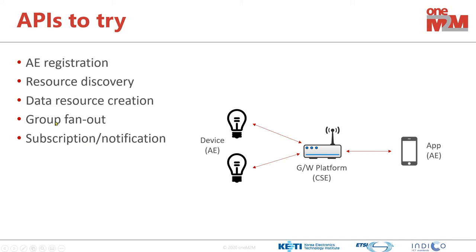We are also going to use the group feature, including group fan out, and then subscription and notification. So basically, we are covering the most frequently used APIs of oneM2M in this simple scenario.